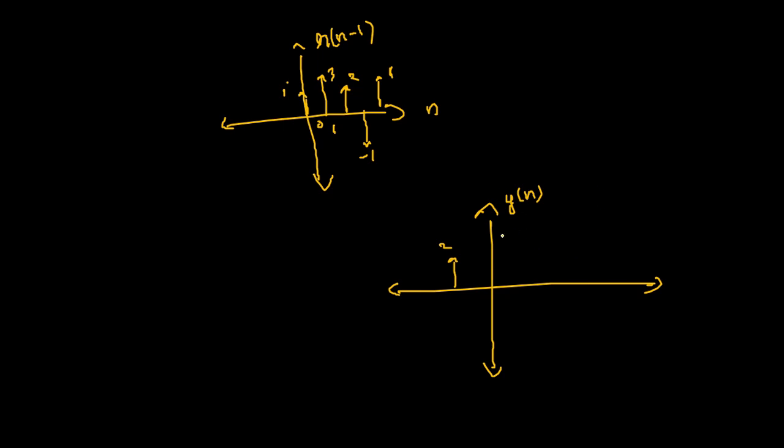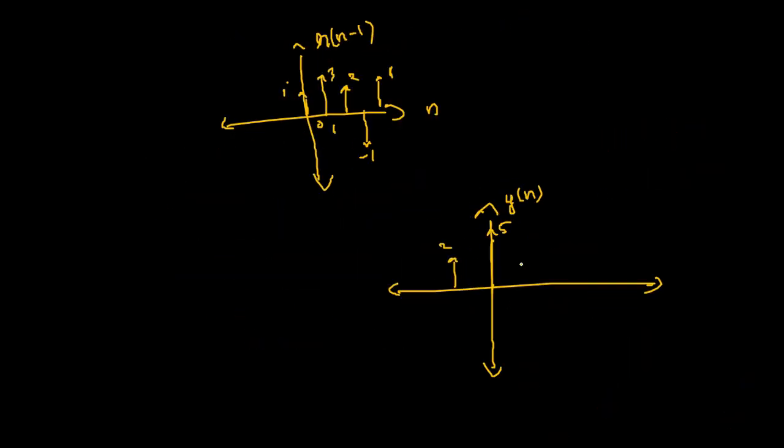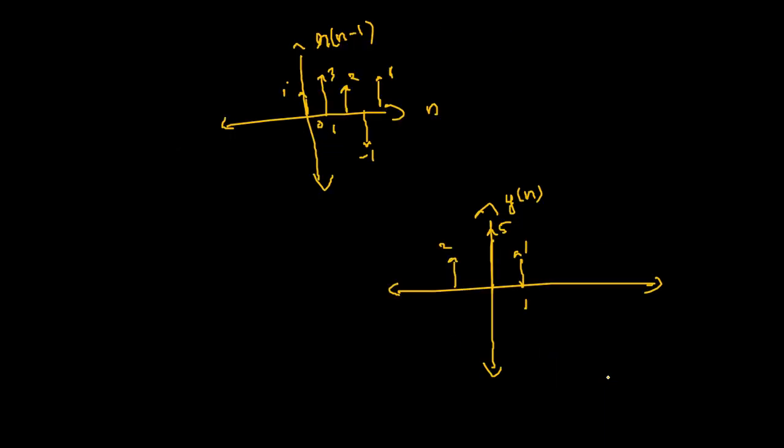Okay, so this is 5 at 0. At 1 we have 4 and here we have 3. So the difference is going to be 1. And at 2 we have minus 2 here, and here we have 2. So the graph will be minus 4.